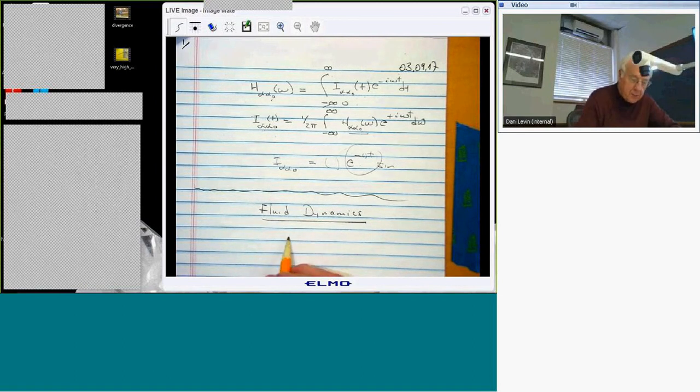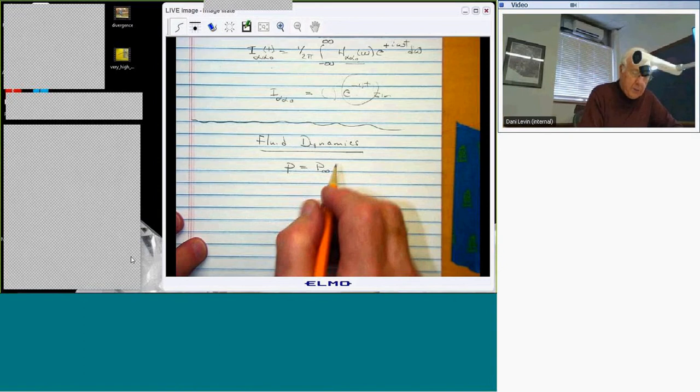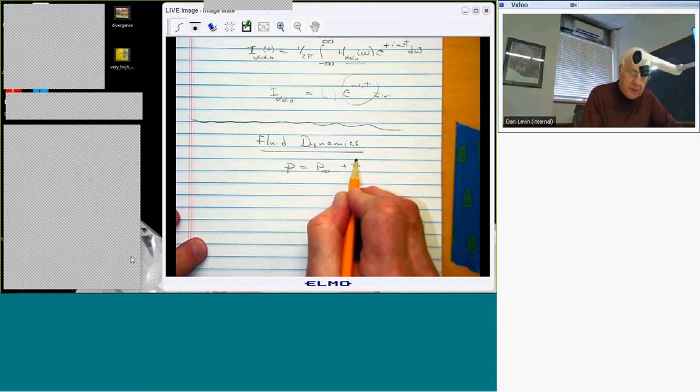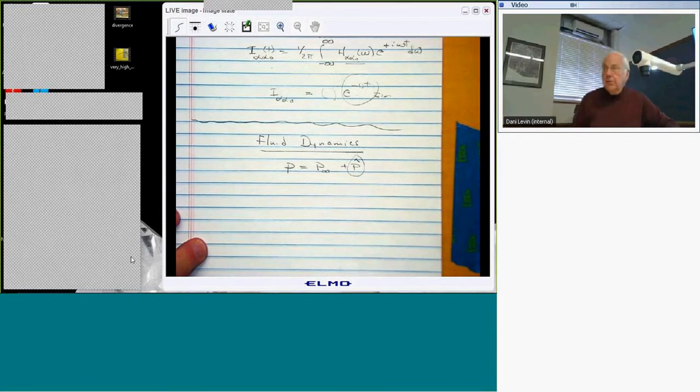So you assume that the pressure is, if you will, the static pressure far upstream of where the object is, plus a perturbation. And then you try to find the equations that govern that perturbation. And if you ignore viscosity, you ignore changes in entropy, if you remember what entropy is, and you assume an isentropic process, voila!